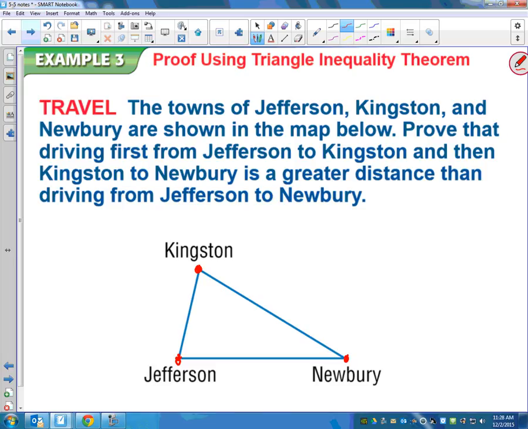Do you agree that, instead of using Jefferson, Kingston, and Newbury, what if we call Jefferson J and Kingston K and Newbury N?